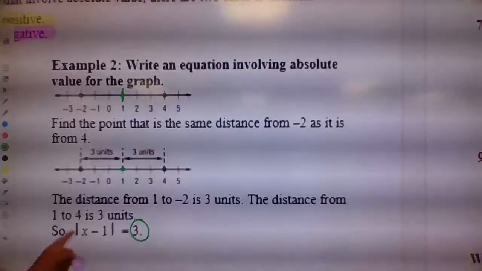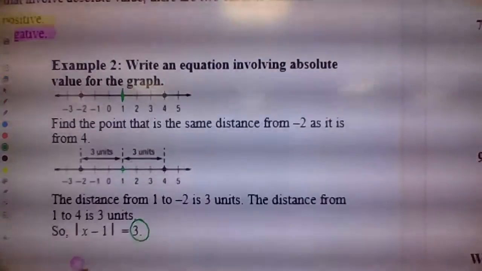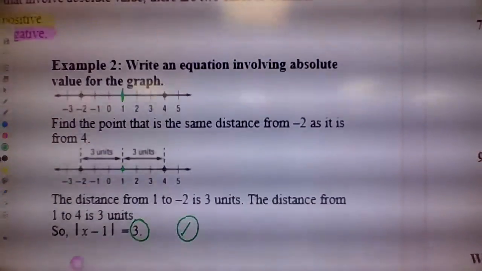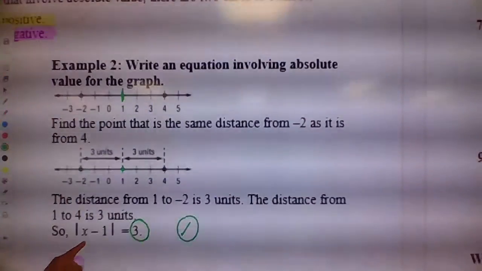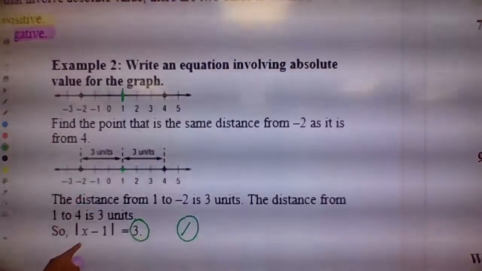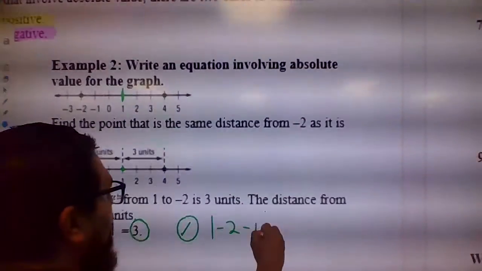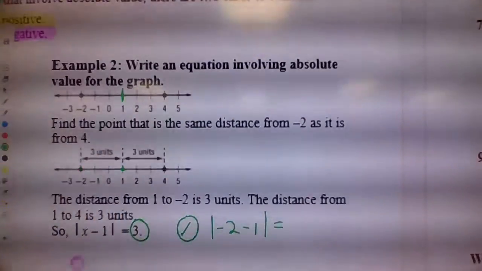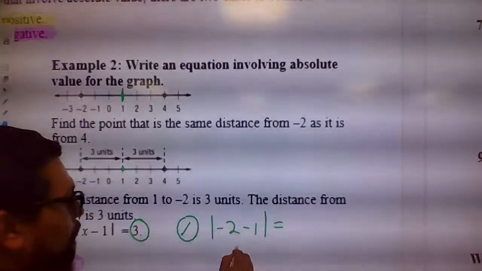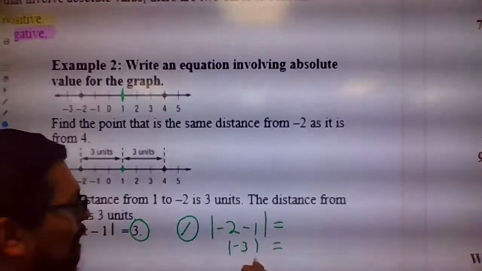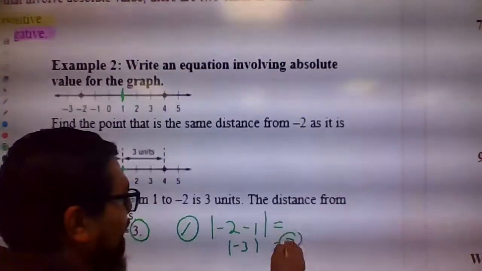Okay, now if you want to check your answer, you could. Let's put in negative 2 in here because one of the points is negative 2. So let's put in negative 2 minus 1. Does that equal 3? Yes, negative 2 minus 1 equals negative 3. And then the absolute value of negative 3 is 3. So that is good.